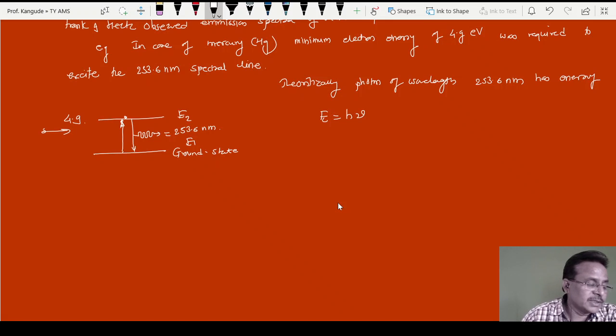Planck's radiation formula can be used here. So this is nothing but h into c upon lambda, because c is equal to nu lambda. This relationship is known to us, so nu can be replaced by c upon lambda. Now this lambda is known.